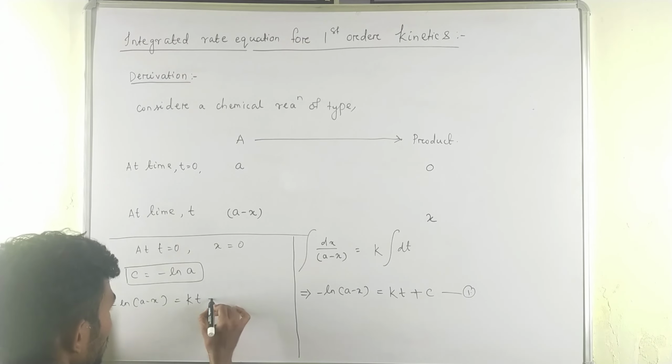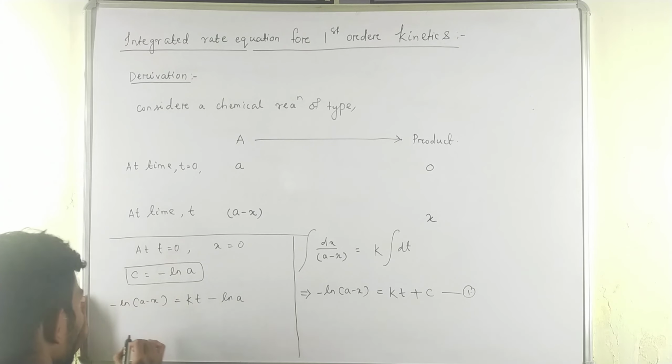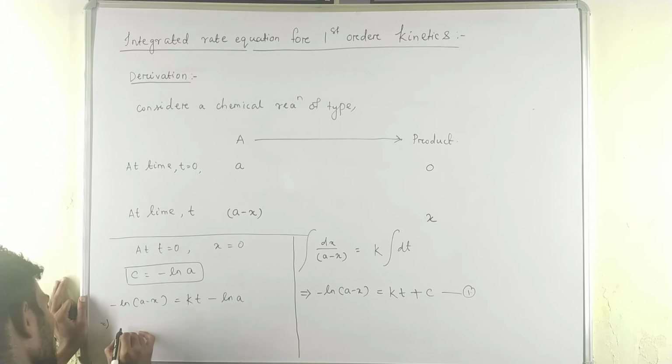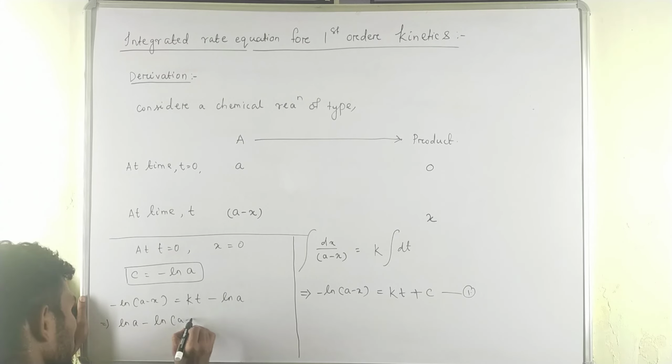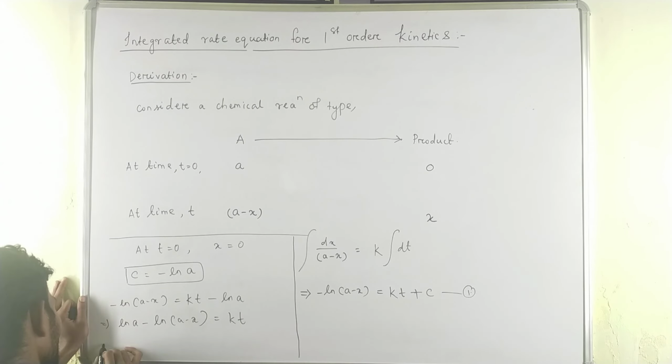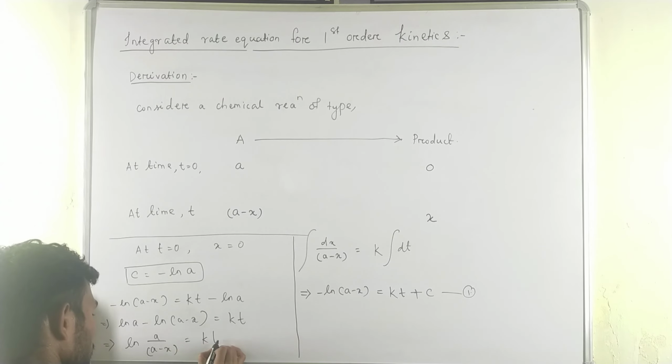This implies ln a minus ln of a minus x equal to kt, which implies ln of a by a minus x equal to kt.